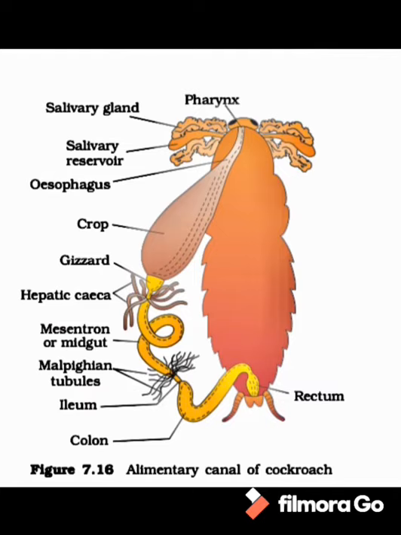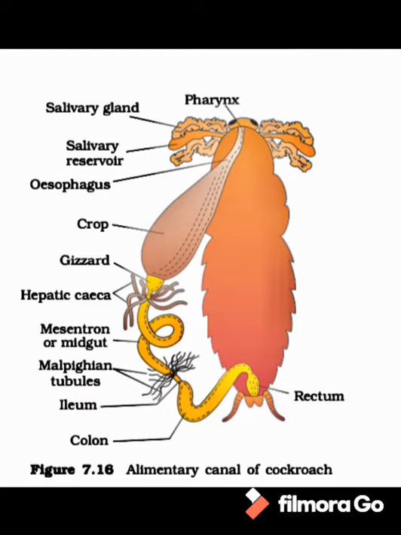Stomach leads to the further part of the alimentary canal, that is hindgut. Hindgut starts with the ileum. If you observe in the diagram, in between stomach and ileum, that is, between midgut and hindgut, near about 100 to 150 yellow filamentous structures are present, called Malpighian tubules.